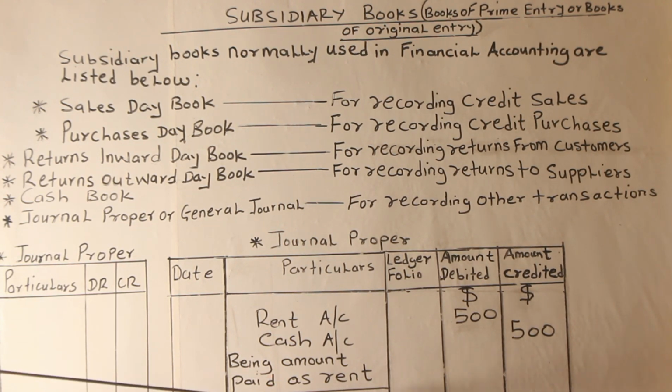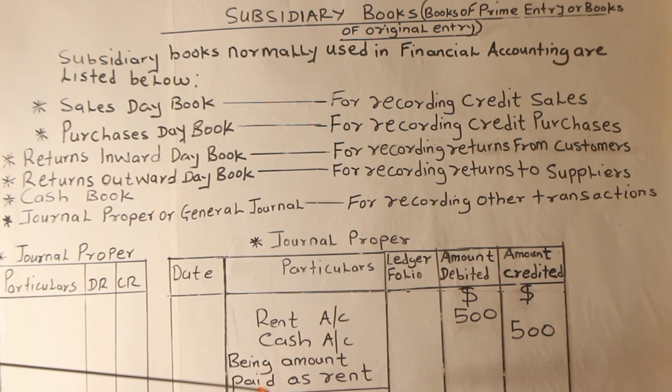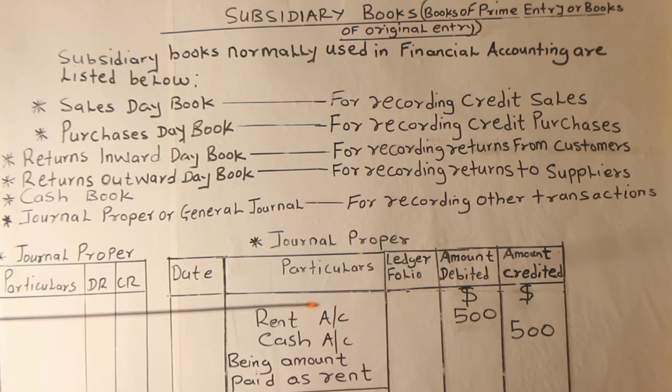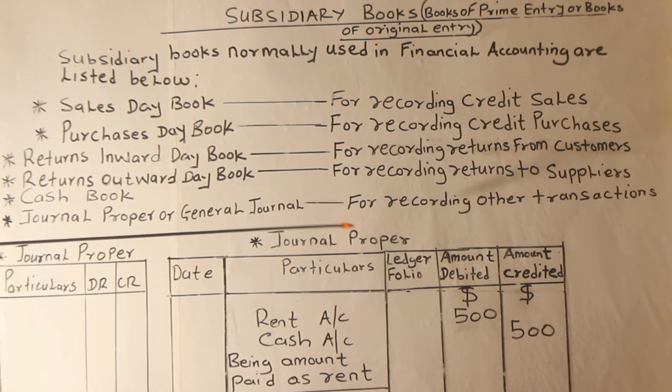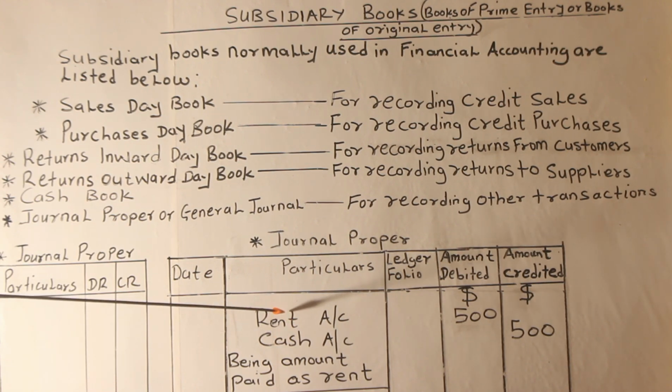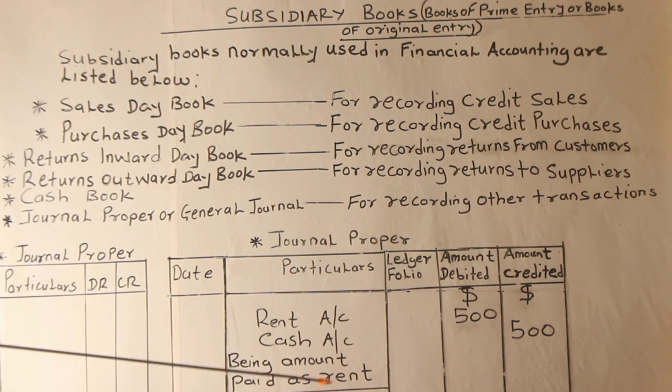As we progress, we are going to make more illustrations using the journal proper. We are going to tell you the kinds of transactions that are usually recorded in the journal proper. We have just used the rent account to make an illustration. The journal proper is not meant for recording transactions such as rent, but we have used this to demonstrate how entries are made in the journal proper.